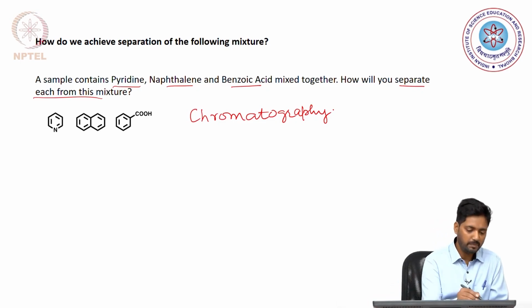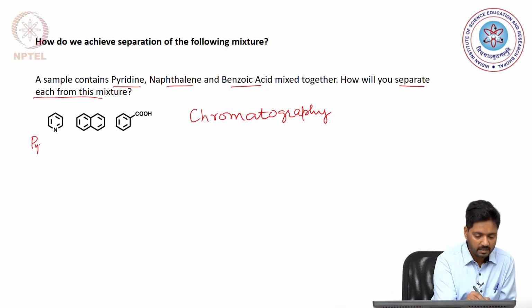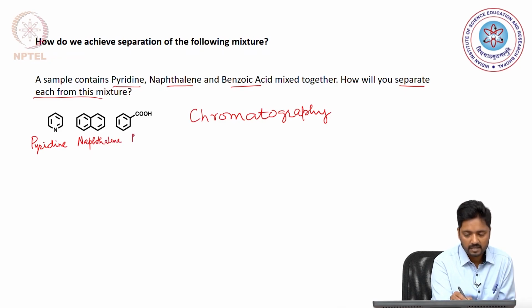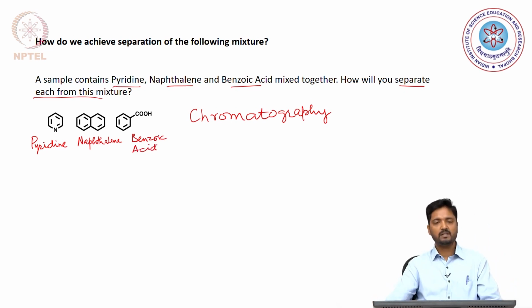So, I have given the chemical structure of pyridine, naphthalene and benzoic acid for your reference. And if you see these compounds, what becomes quite clear is that these three compounds have inherently different properties.